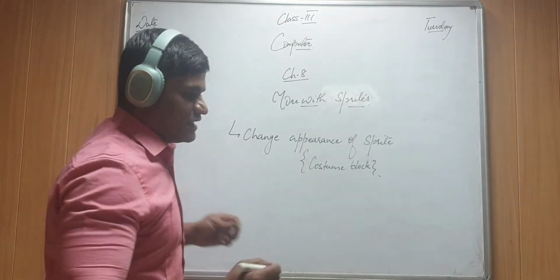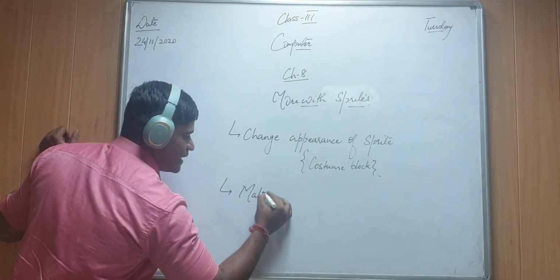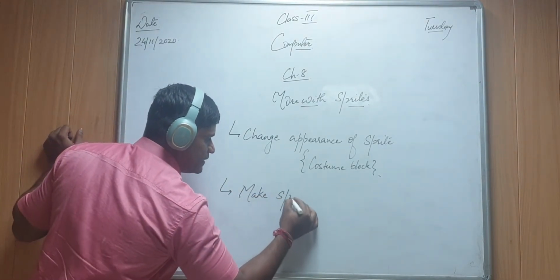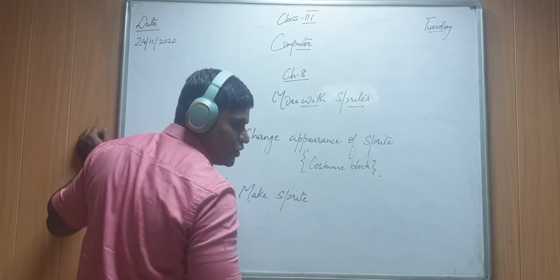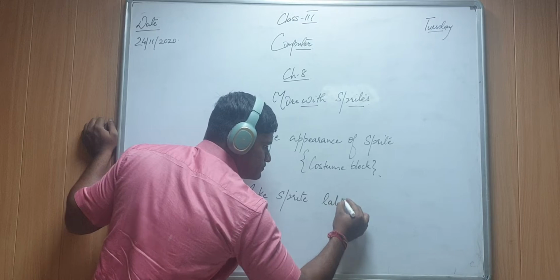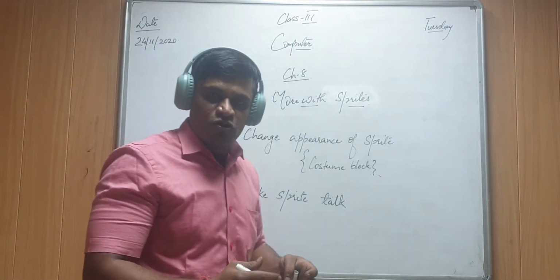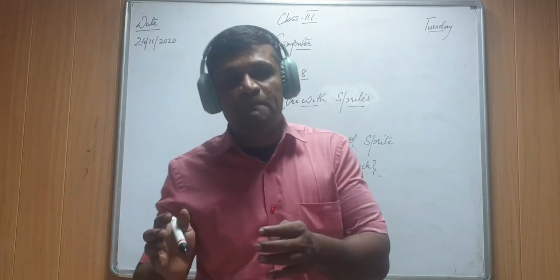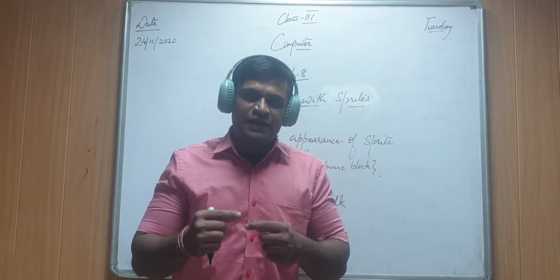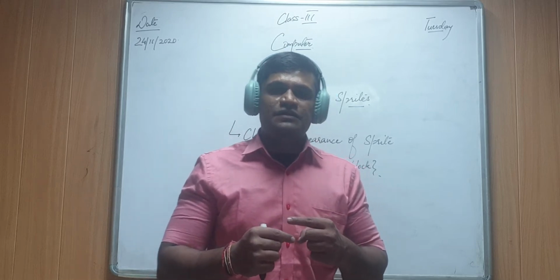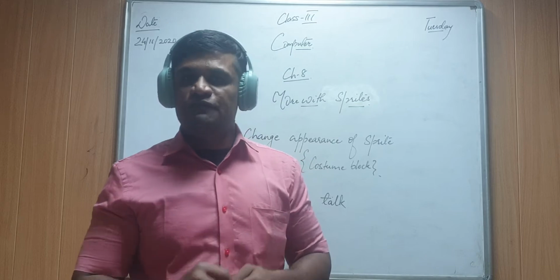The second topic will be how you can make your sprite talk. On performing certain actions, or at certain points, your cat or your sprite is able to express the words, sentences or dialogues which you have fed it.